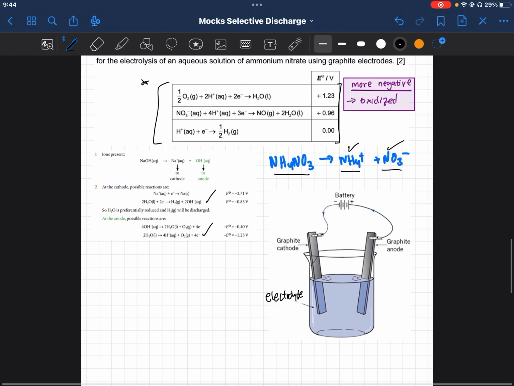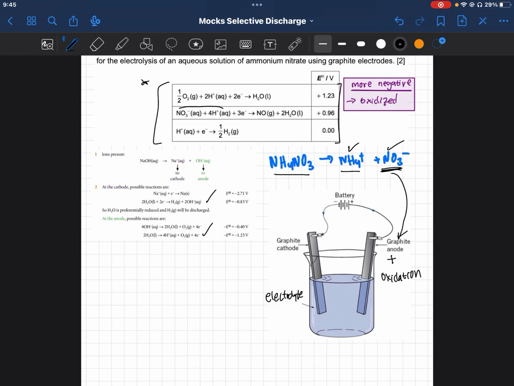All right, let's start with the anode. Anode is positive, so the negative thing goes to the anode. And at the anode, I'm going to do oxidation. Okay, I took a look at the information they gave me. I notice I don't have any values for the oxidation of NO3 minus.